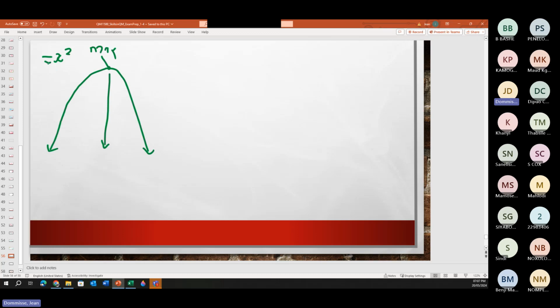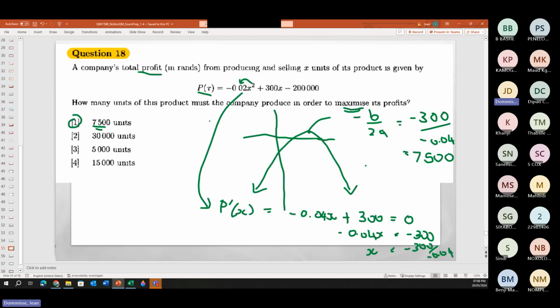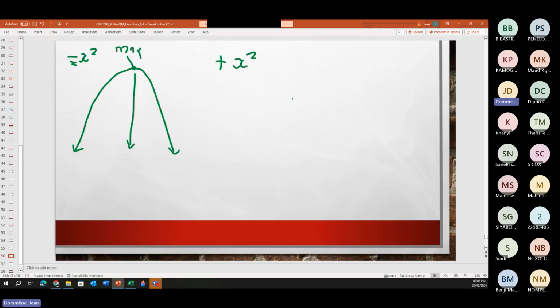So when it's negative in front of your x squared, it basically means that the arms go down, you will have a maximum point. If it was plus x squared, then the wording would have been how many units in order to minimize its costs, because then the arms are going to go up, still at the turning point. That is going to be the smallest number.